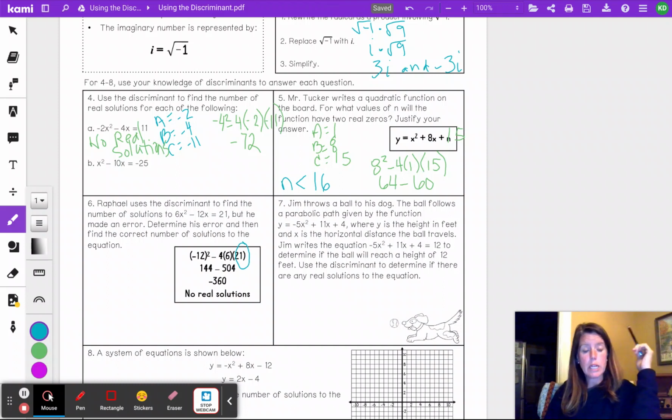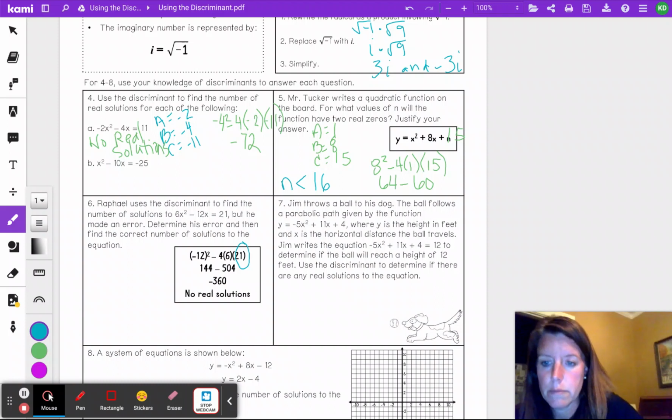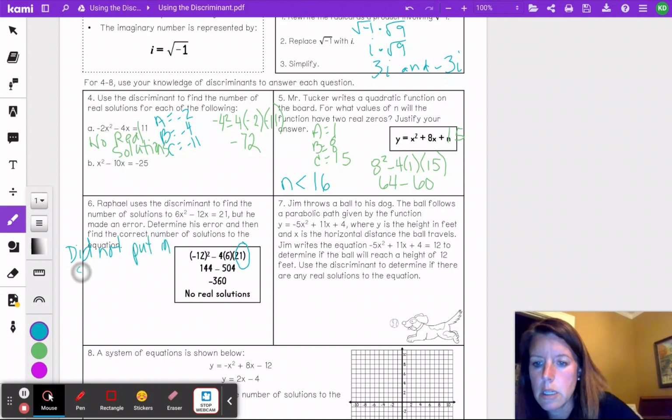If he were to rewrite it in standard form, that C value would be negative 21 because you have to move it over to the other side, do the opposite. So he did not put it in standard form.